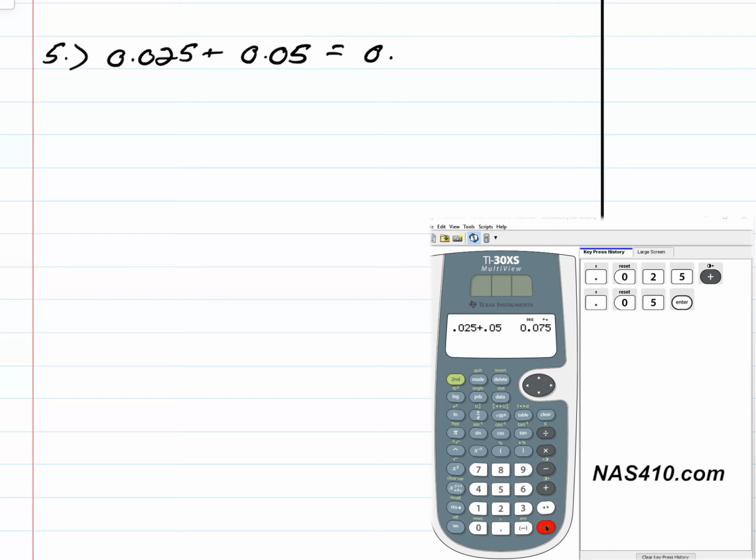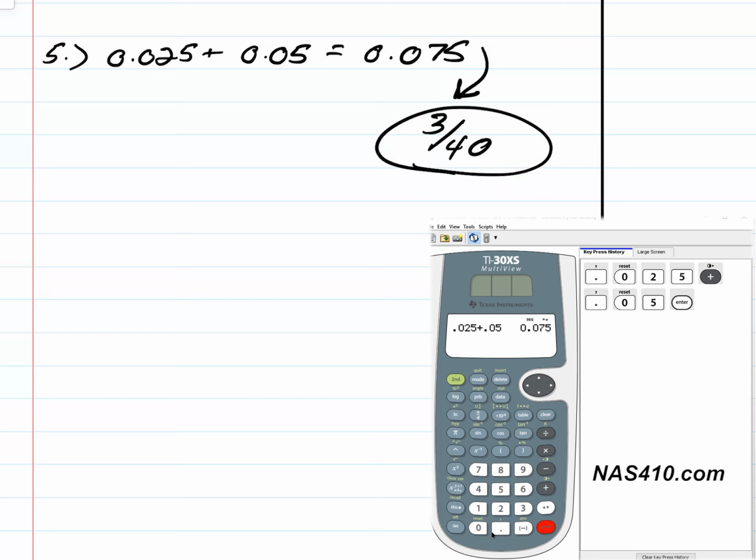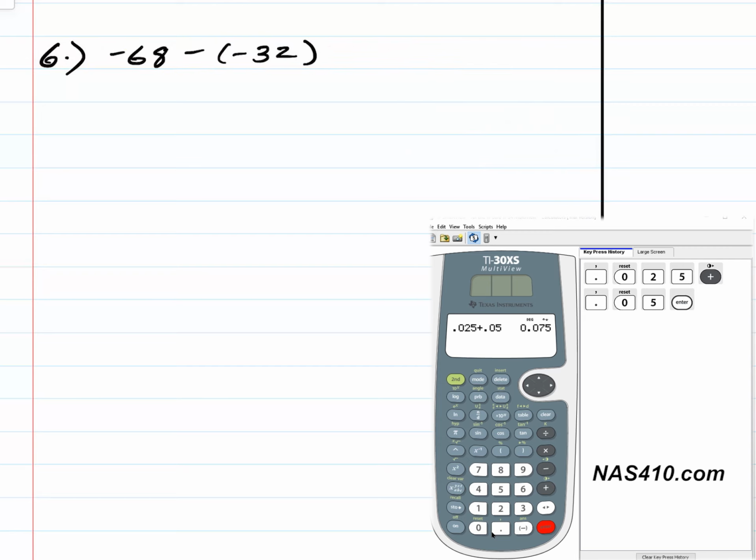Put enter, and I get the result. 0.075 equals 0.075. Okay, and this also, if I wanted to express this as a fraction, I could say it's 3 over 40.